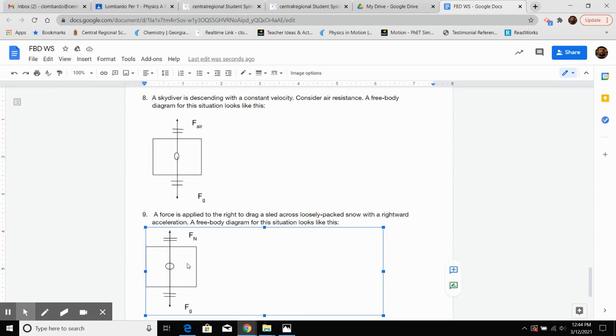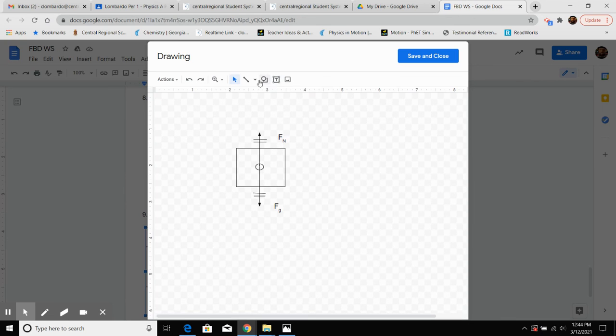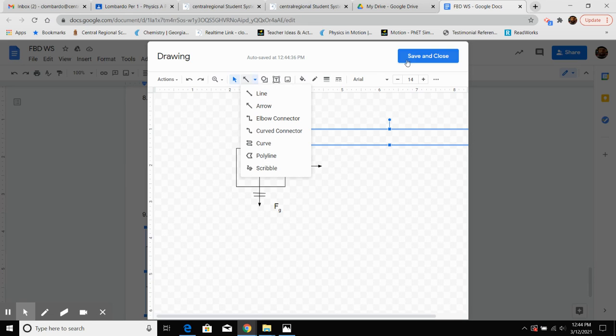So that means there needs to be an applied force going to the right. And then what else does that mean? It said it's going through some loose snow. So that's telling me that there is going to be some sort of friction.